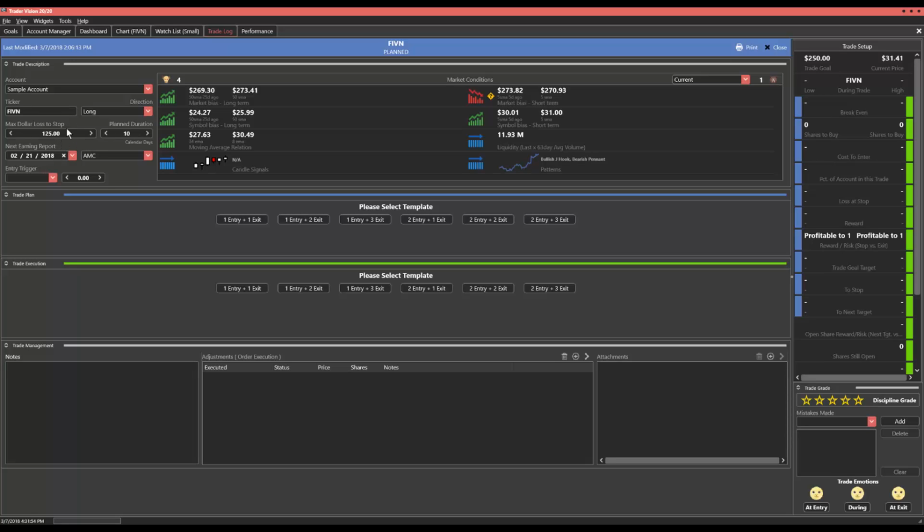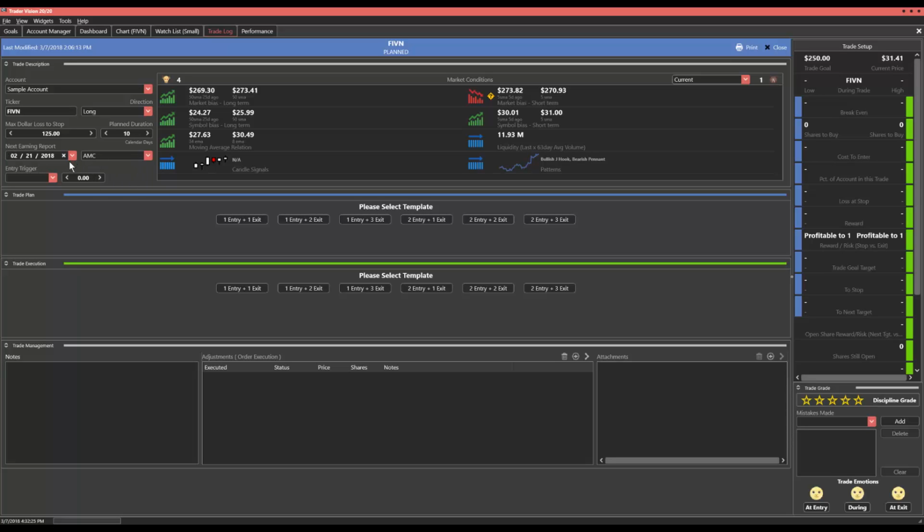Another way to do it is all my positions are the same size, so $10,000 per account. And a third way to do it is I want to have basically the same volatility risk for each trade. So that's the position sizing rule. I don't really want to get into it today, but we've got a video that covers it under the tutorials, which you can get to from help, tutorial videos, or from the website under the tutorial videos from the menu.